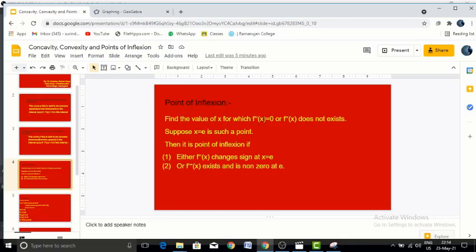Then it is a point of inflection if either the double derivative of f(x) changes sign at x equal to e, means when x is less than e and when x is greater than e, the signs are opposite: either first is positive, second is negative, or first is negative, second is positive. And the second one is the triple derivative of f(x) exists at x equal to e and it is non-zero at e. So this is the working method to find point of inflection of a curve.